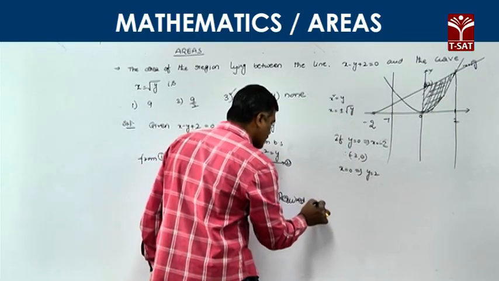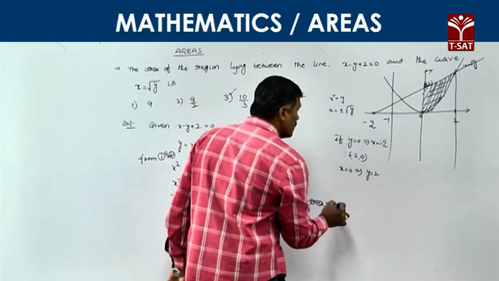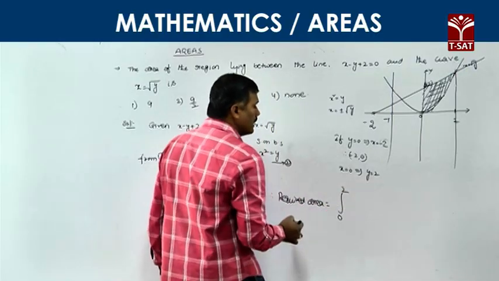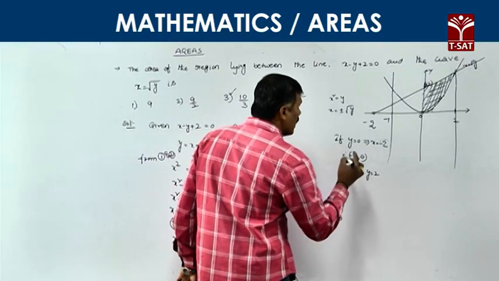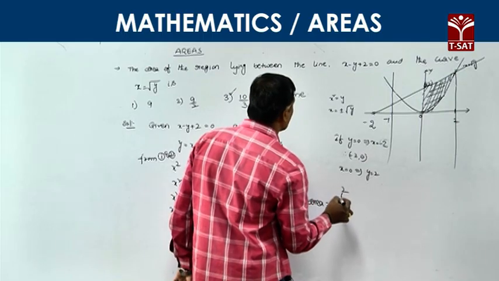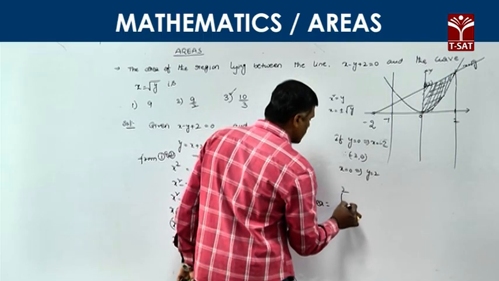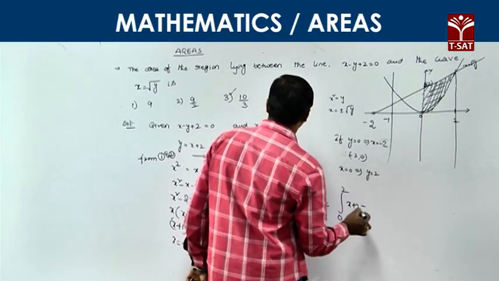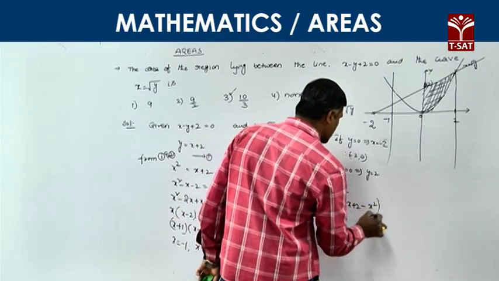Required area is equal to the integral from 0 to 2 of the upper line minus the parabola.